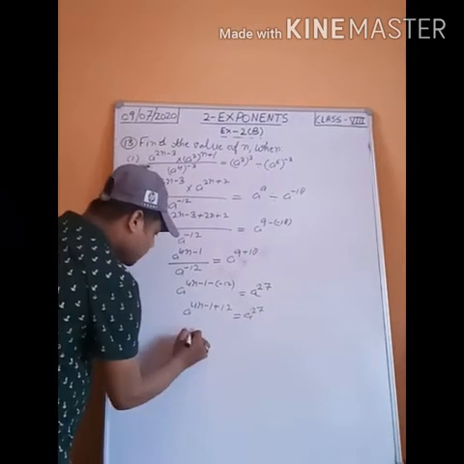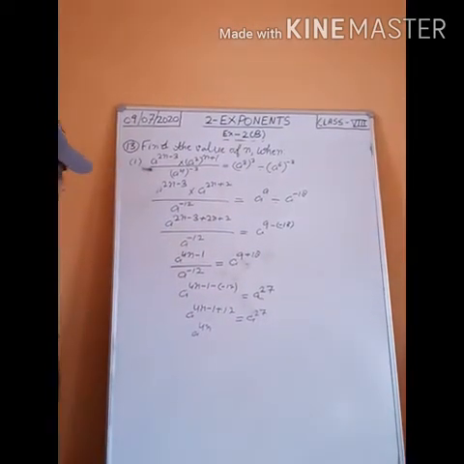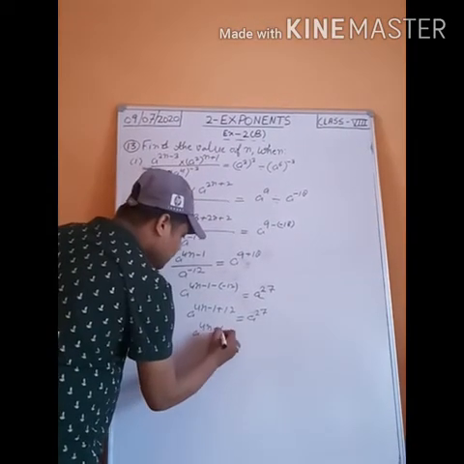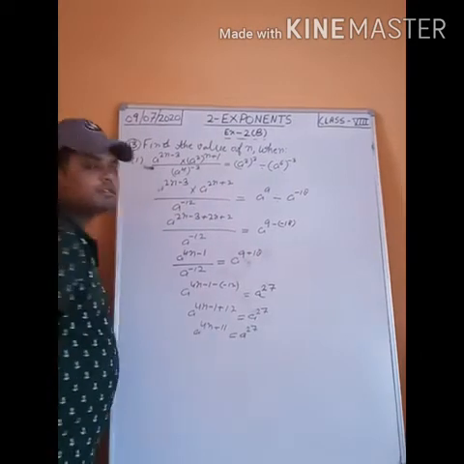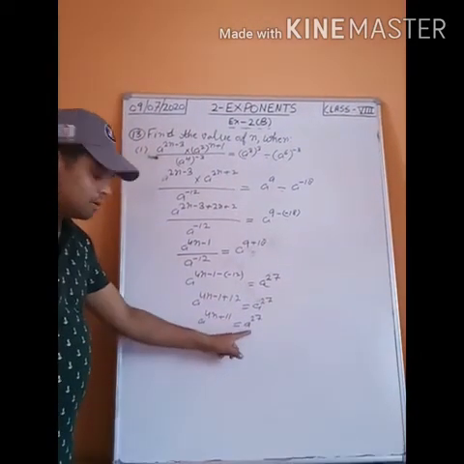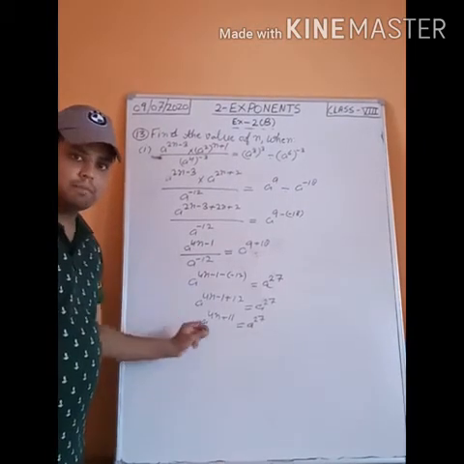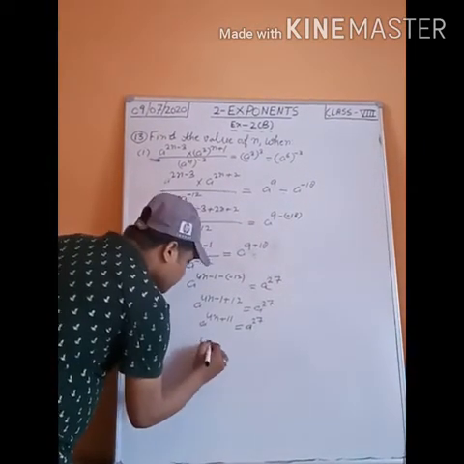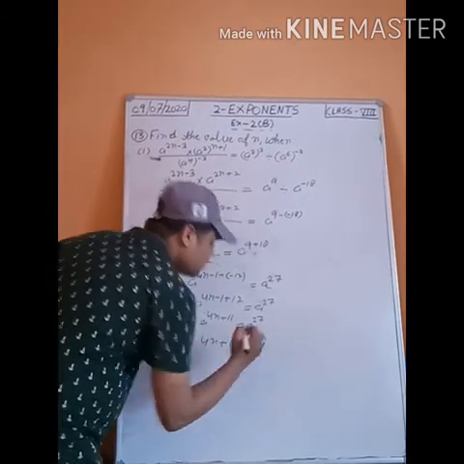So a raised to the power 4n minus 1 plus 12, which is 4n plus 11, is equal to a raised to the power 27. Now bases are same, they are in equal, so on equalizing the powers we can write 4n plus 11 is equal to 27.